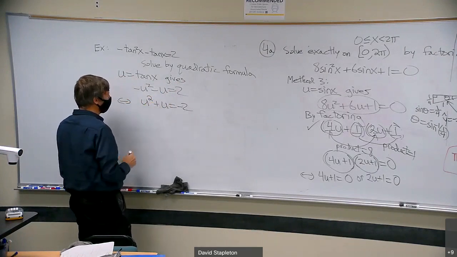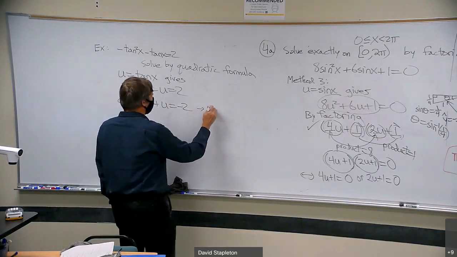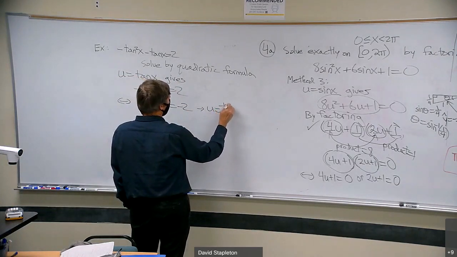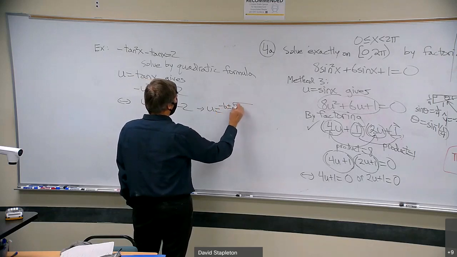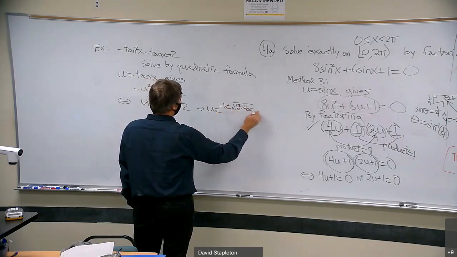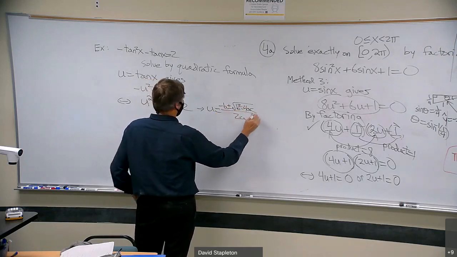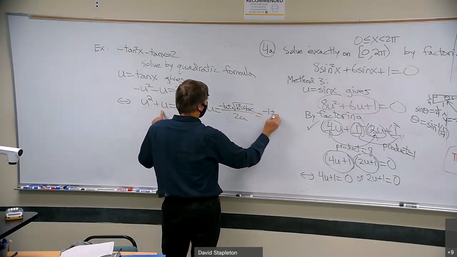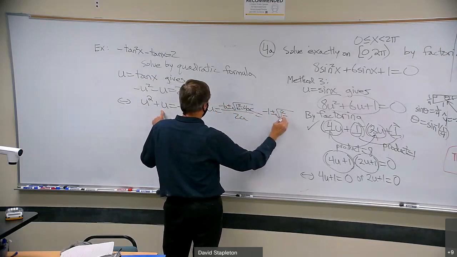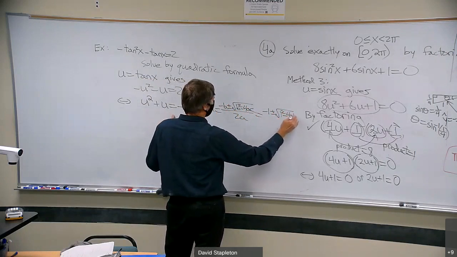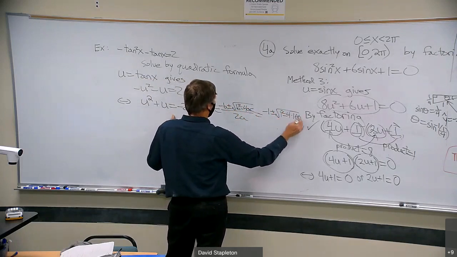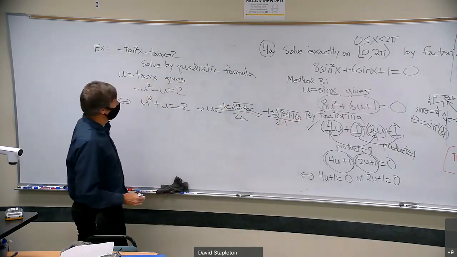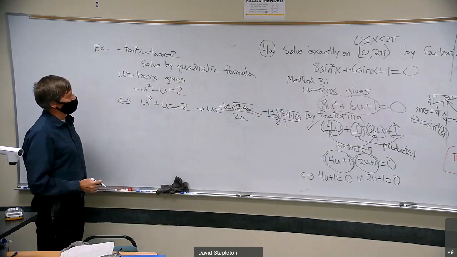And I might be tempted to say, oh, u equals minus b plus or minus square root b squared minus 4ac all over 2a. Let's see, b is 1, a is 1 and c is -2, all over 2 times 1. And I've got it wrong there because I've made a mistake.